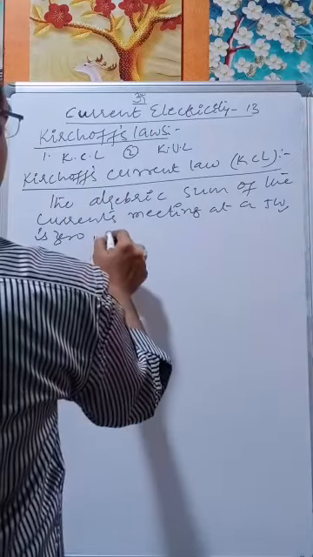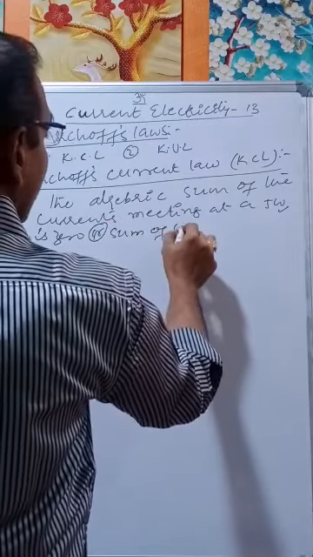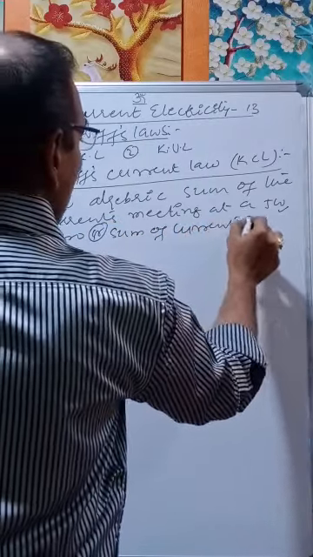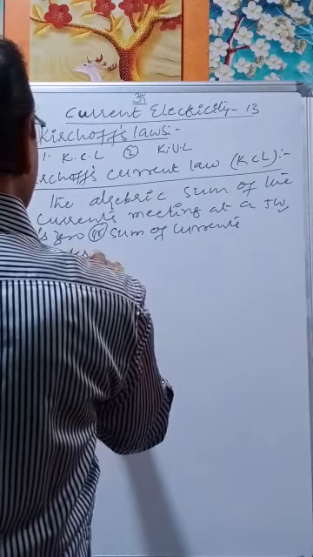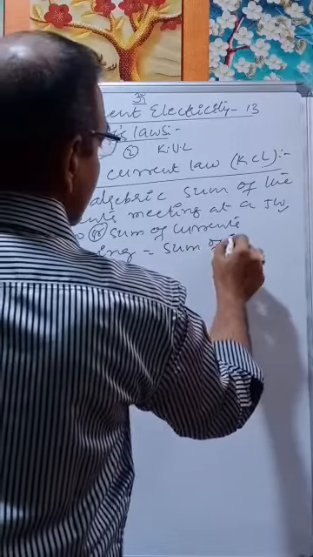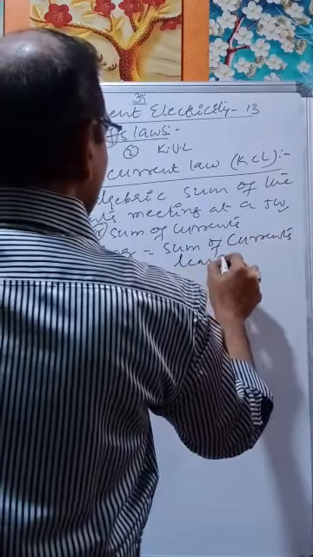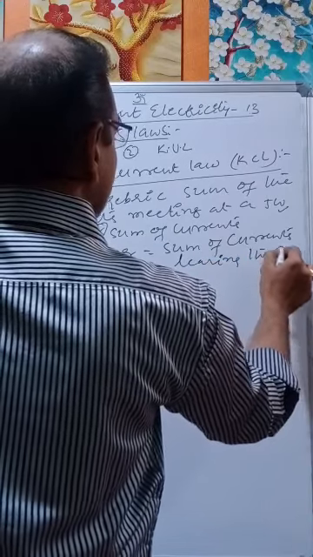Or, sum of currents entering is equal to sum of currents leaving the junction.